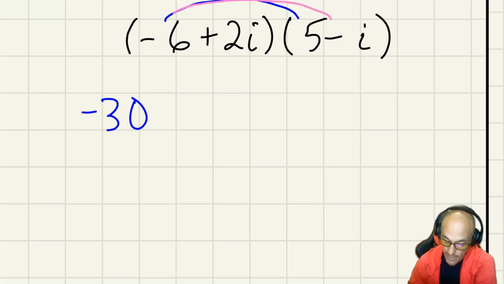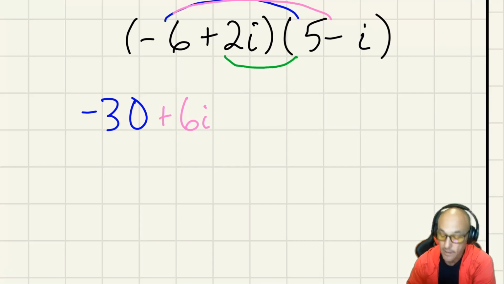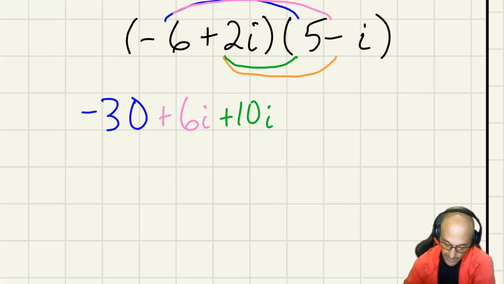Outers, negative 6 times negative i is positive 6i. Inners, positive 2i times 5 is positive 10i. And last, positive 2i times negative i is negative 2i squared.